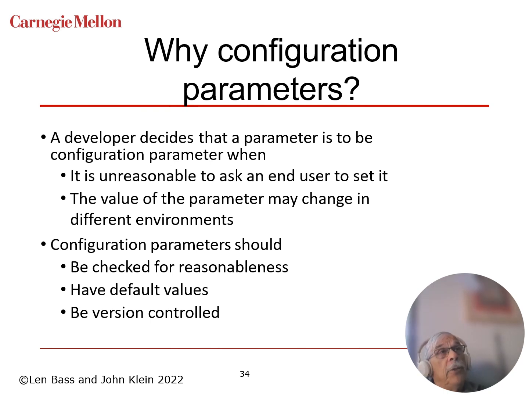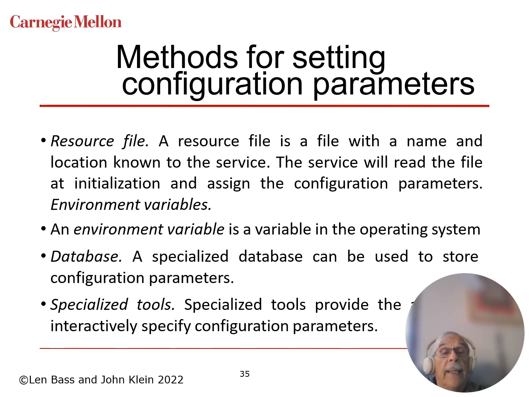And the configuration parameters should be version controlled like everything else. And you can set that by having a file with configuration parameters. You can use environmental variables. So the operating system has, if it's Linux, it has $ things, and those are configuration parameters. You can have a configuration database.